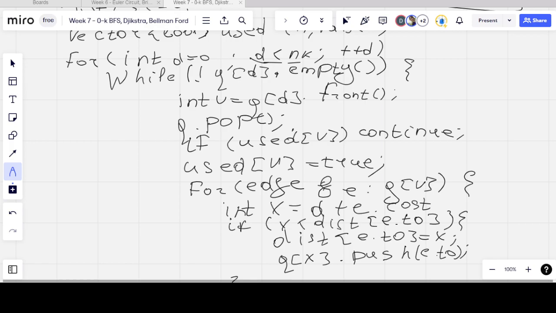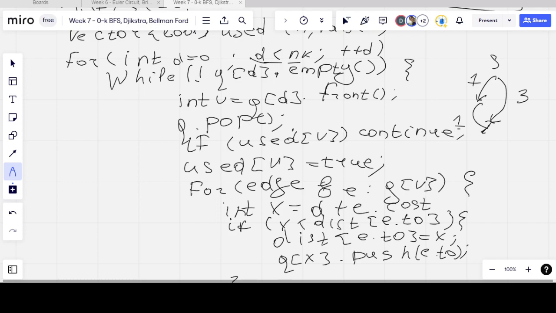Let me consider an example. For example, this example.